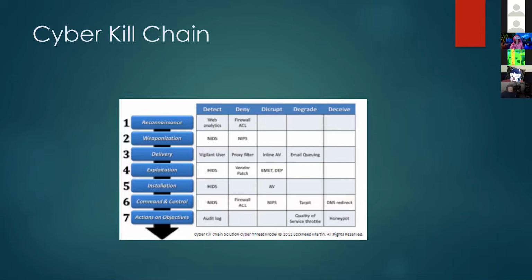They do some reconnaissance, they find a weakness, they try to exploit that weakness, deliver the malware via exploit, install the malware, and then do whatever actions they're going to do. Exfiltrate data, ransomware, whatever they're going to do. So that's their normal cyber kill chain.